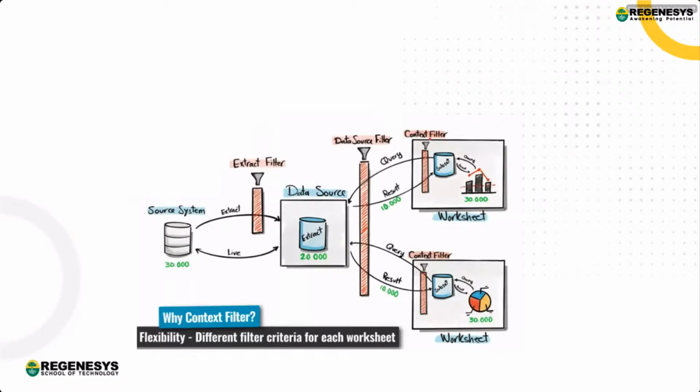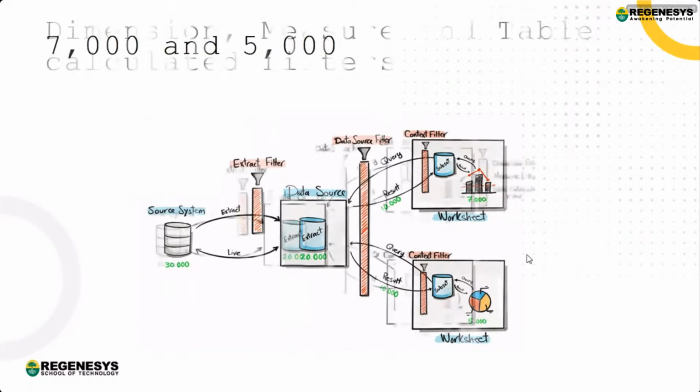And here it gives flexibility, even if it loses performance, and it is mostly used. Why so? Because here it is not dependent on other sheets. Whatever context I create here is dependent only on this worksheet, so it will not flow to another worksheet. That's why the context filter is widely used and it is flexible.